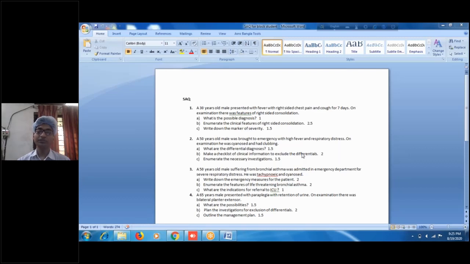In all the conditions stated above, the patient may be cyanosed. In bronchial asthma, you will not get clubbing. In COPD, you will not get clubbing. So these will be deducted from your differential analysis.